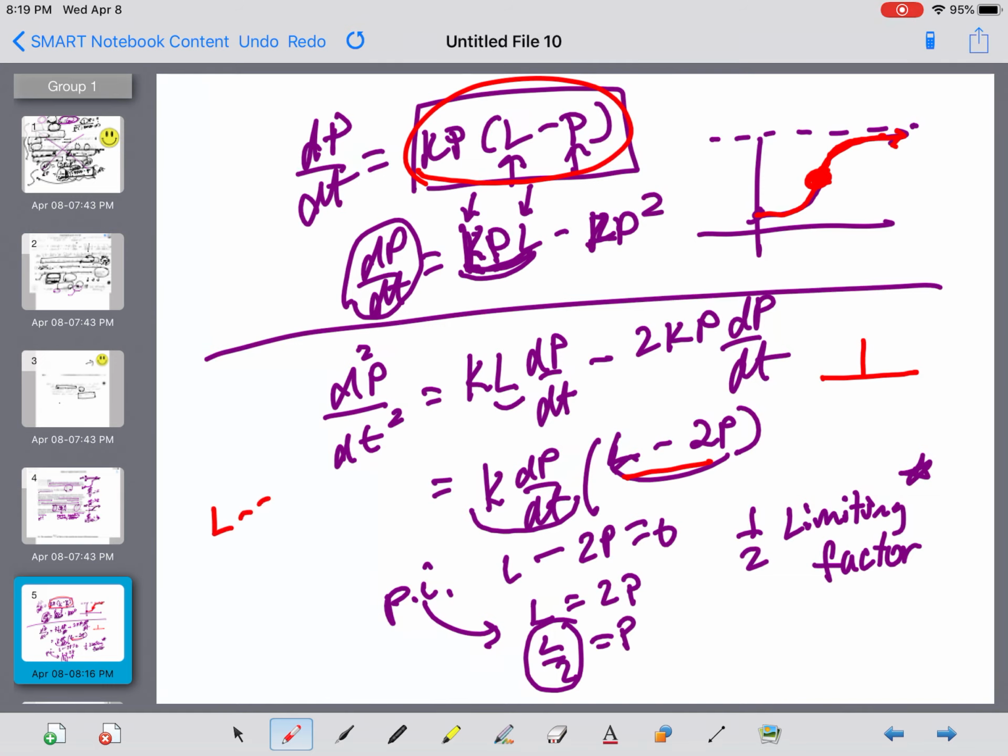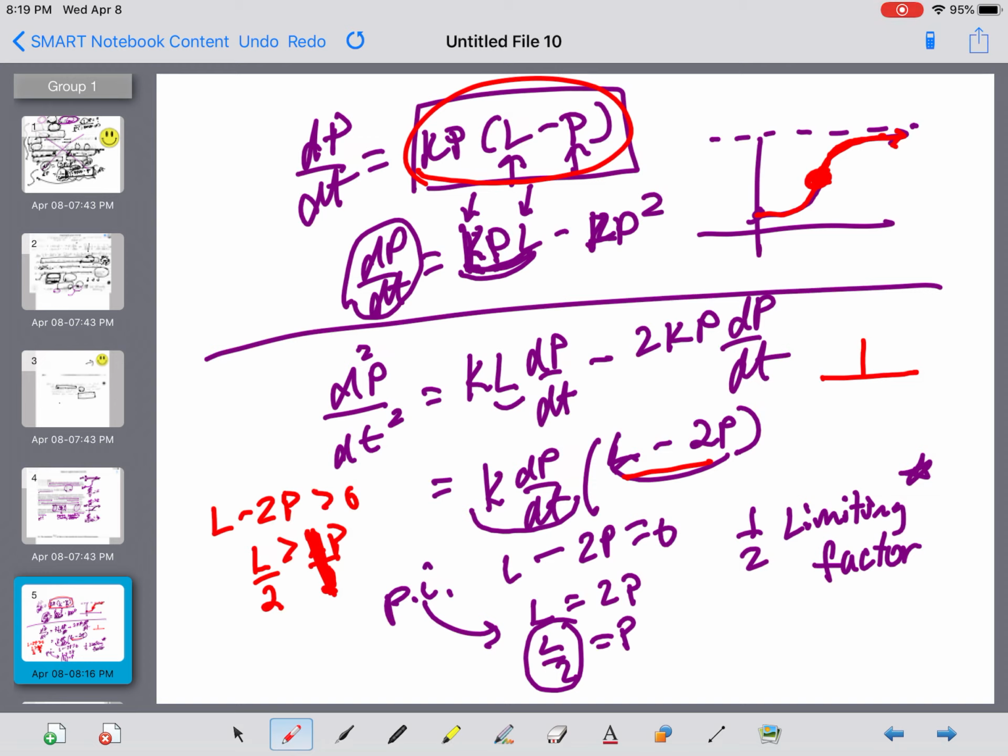If I have L minus 2P, if I want to see where that's greater than 0, it's when my limiting factor is greater than 2P, or when my population is less than L over 2, which is not really what I wanted to do. I was going to maybe do a plus minus chart. But when my population is more than the, I'm not explaining this very well, just a minute.